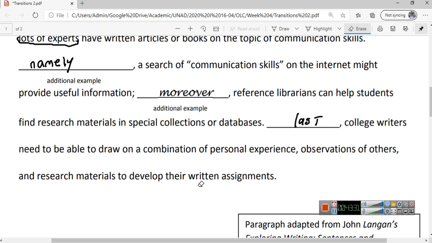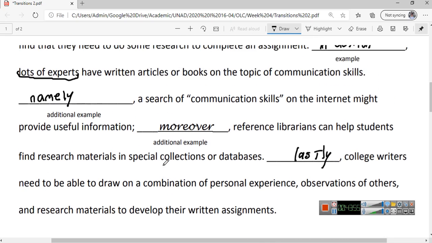Okay. I'm gonna tell you. And we simply add lastly. Lastly, college writers need to be able to draw on a combination of personal experience, observations of others, and research materials to develop their written assignments. Very good. You got it, Laura. Thank you.